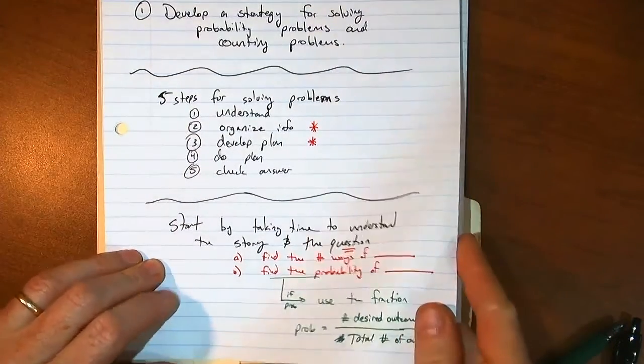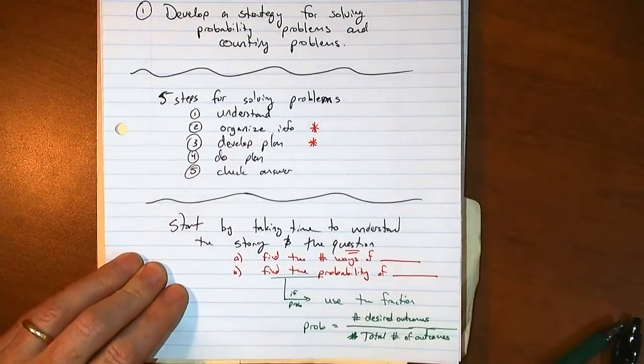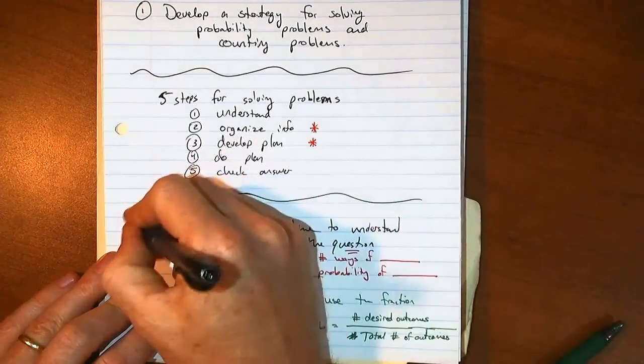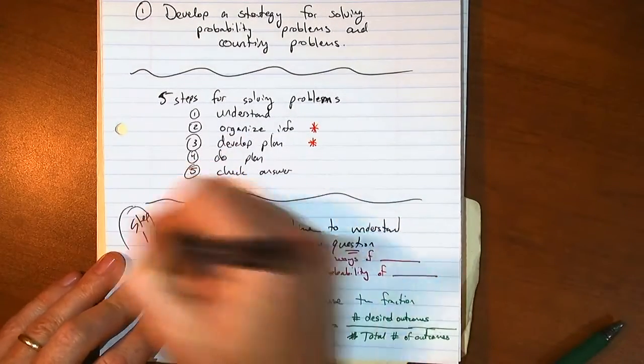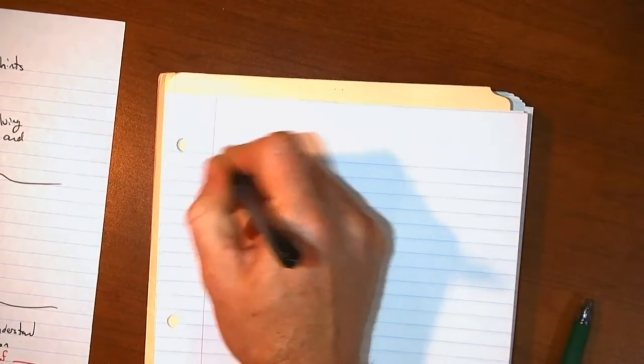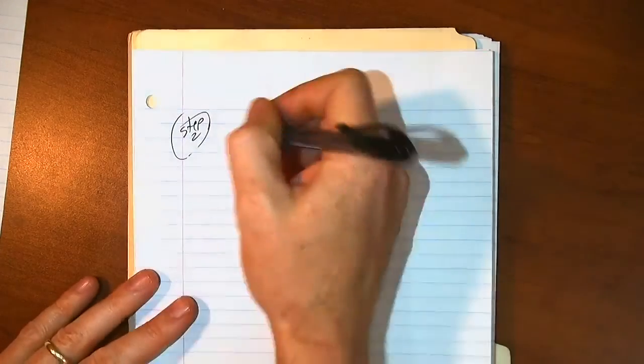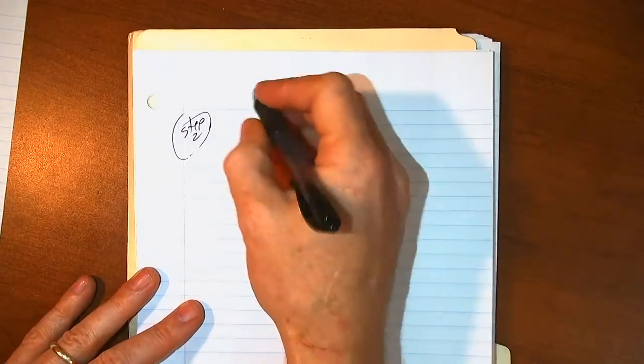We start by understanding. The next step is organizing. Okay, so there's our step 1, understanding. Our next step is organizing. Now when we organize information, there's two obvious things that we need. One thing is we need to keep track of the numbers they've given us, and that's obvious.